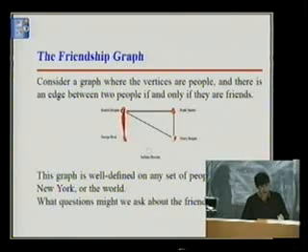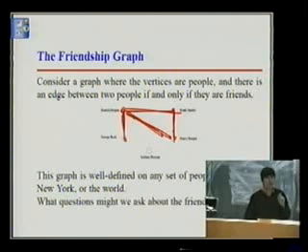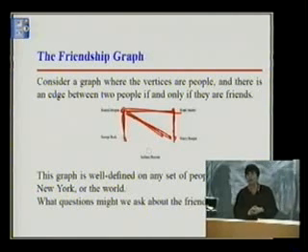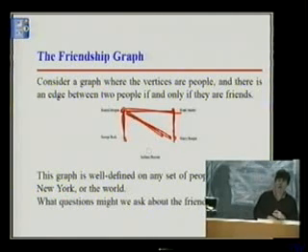Ronald Reagan and Nancy Reagan were friends. There were rumors at the time that Nancy Reagan and Ronald were friends with Frank Sinatra. So you can imagine a graph where every vertex represents a person, and pairs of people who are friends are connected. Any questions about what the friendship graph is?